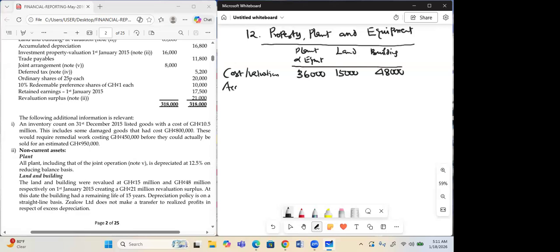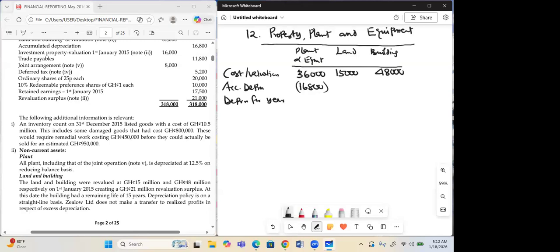Now accumulated depreciation. The accumulated depreciation on the plant and equipment was 16,800, right? Yes. Then the depreciation for the year. Plant and equipment.